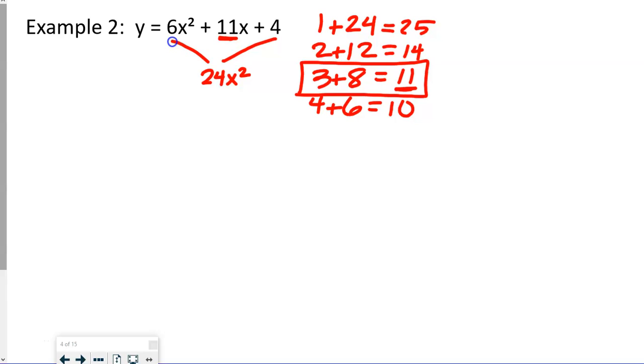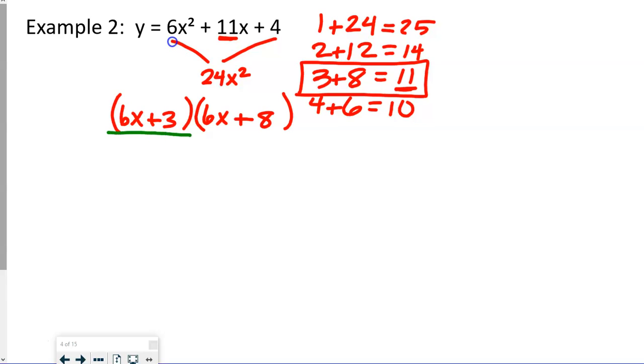So this time we're going to change it up a little bit. In our parentheses, this time we're going to put the coefficient with the x. So we're going to put the 6 in with the x here. And then we're going to put those two terms that we just found, the plus 3 and the plus 8. Now there's another difference here at this point. We are going to see if there's a GCF, and we will factor that out.